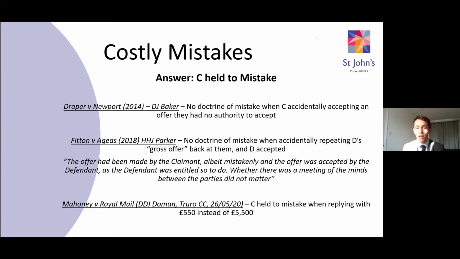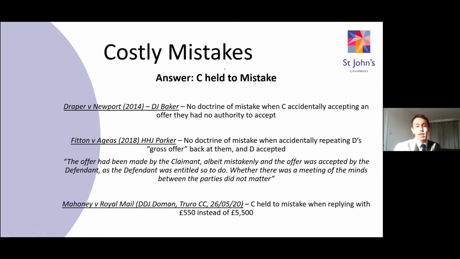How far that doctrine goes, you can see in the case of Maloney at the bottom of the page there, again, only the county court, but they have made their way onto the public forum because of these issues. Again, the claimant was held to their mistake when, intending to write £5,500, they wrote 550.